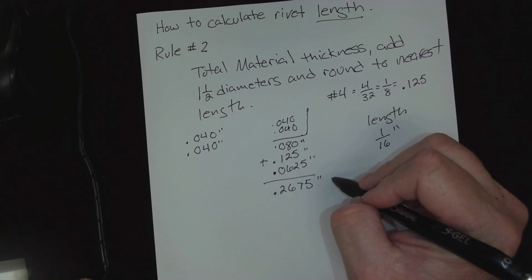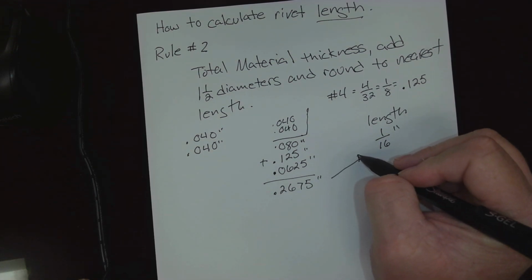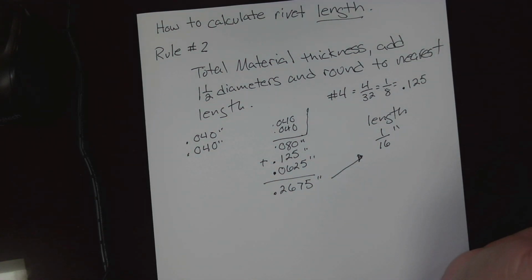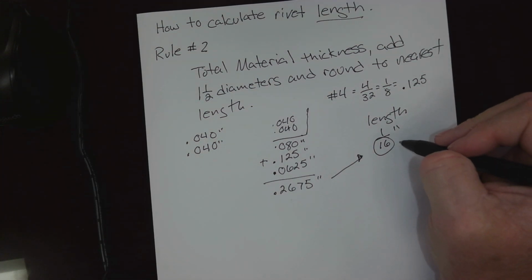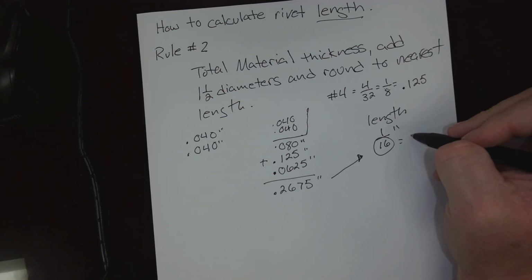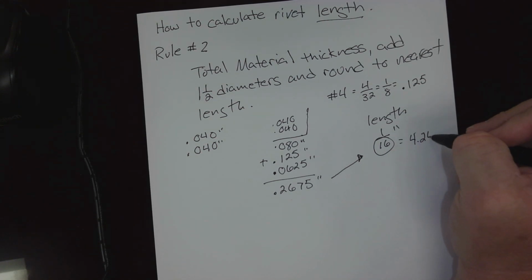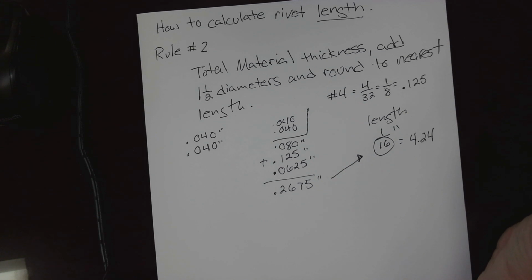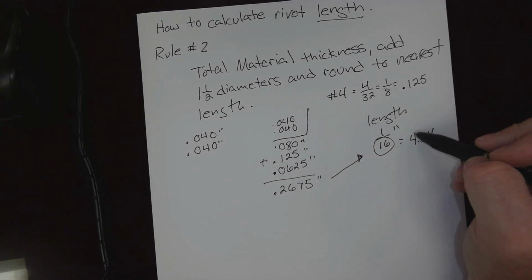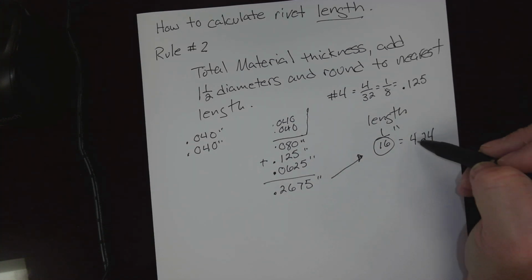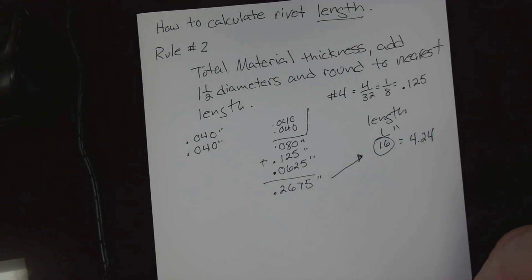So what if we just multiplied our 0.265 times 16, that's what we're seeking, we would end up with a 4.24. Well, now rivet lengths typically come in wholes and halves. There is a 4.5 rivet.